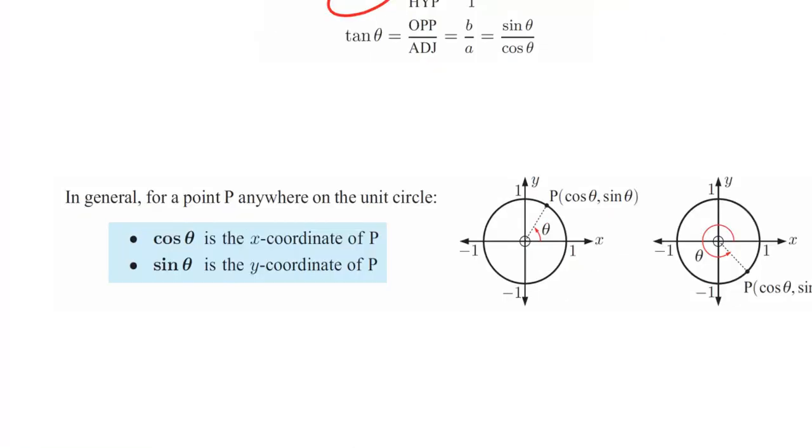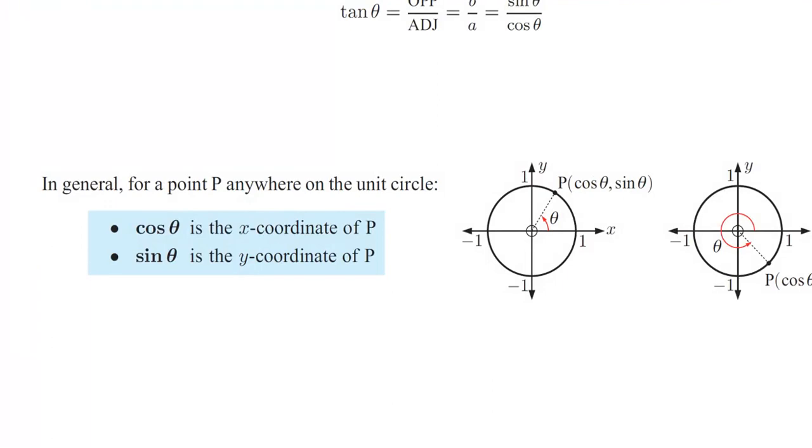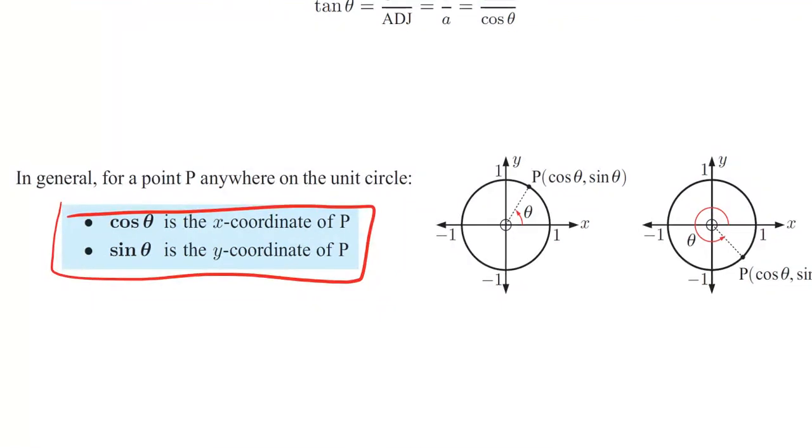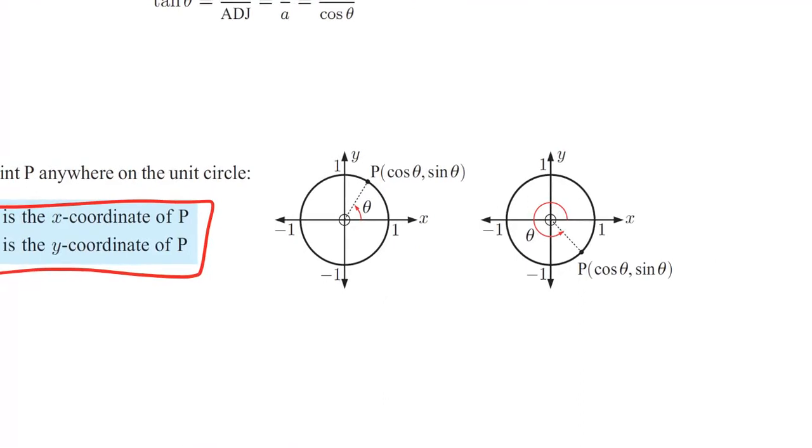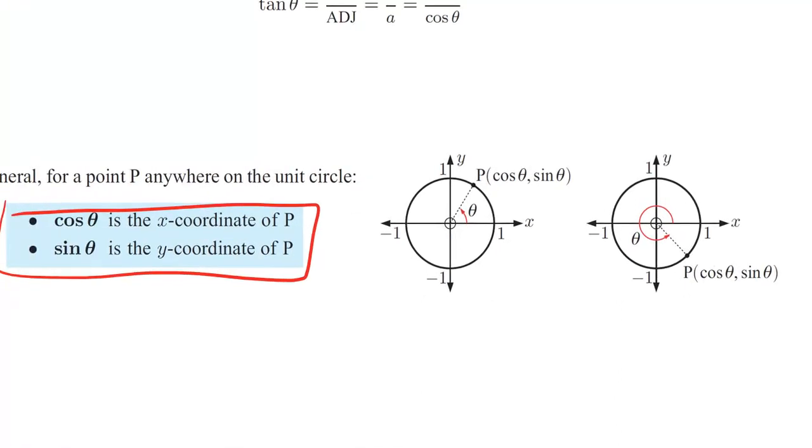Now, even further. Just to make sure we're clear about this, the cosine of the angle is the x coordinate of the point, and the sine of the angle is the y coordinate of the point. So we could even think of the x-axis as the cosine theta axis, or a way of finding wherever cosine theta is.